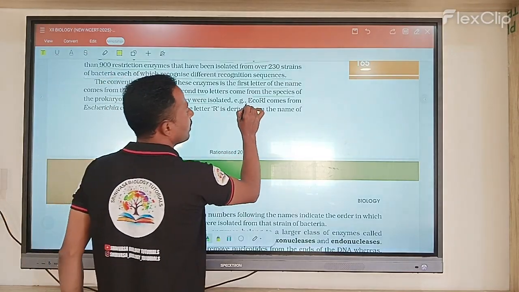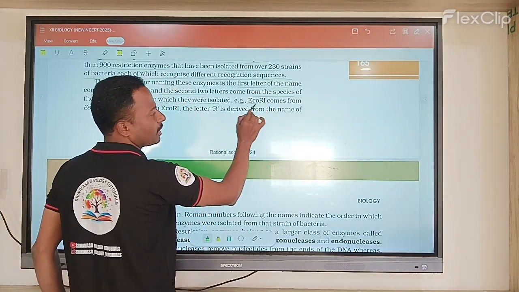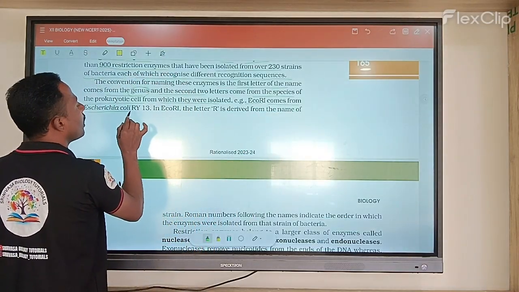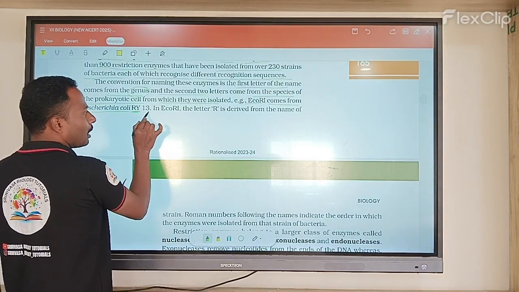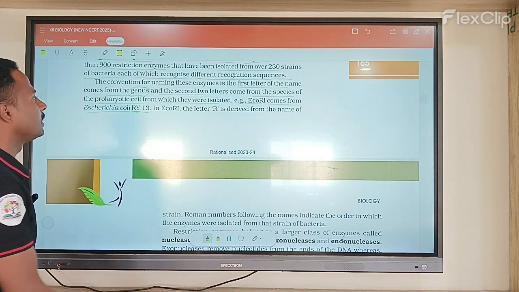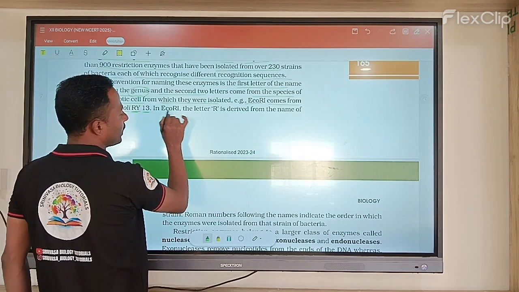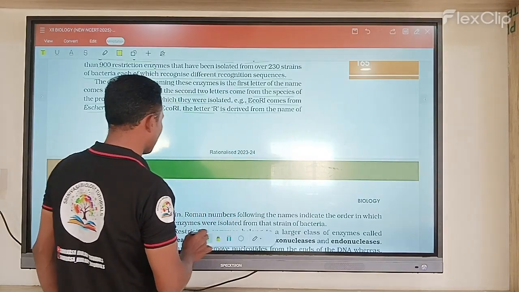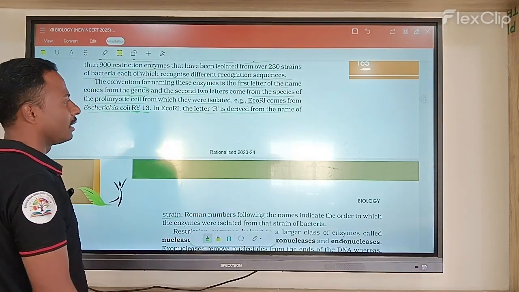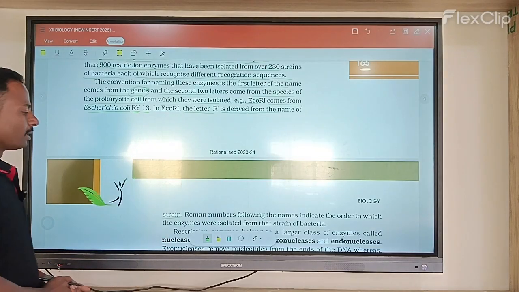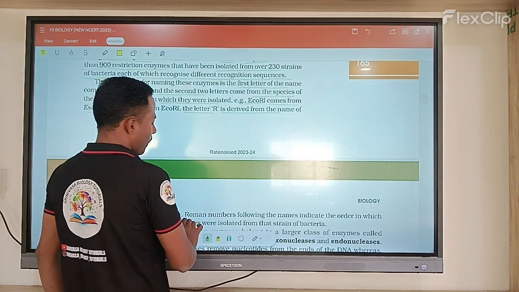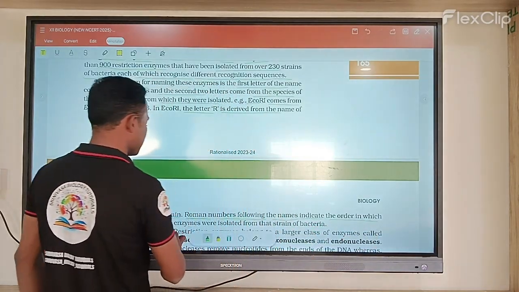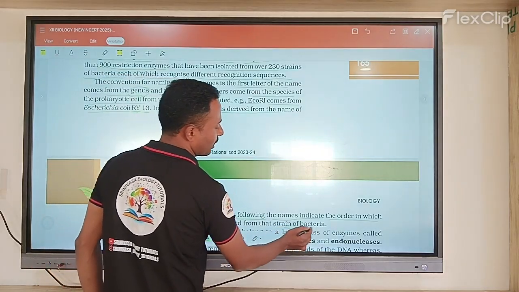For example, EcoRI comes from Escherichia coli RY13. Here R is derived from the name of the strain. The Roman number following the names indicates the order in which the enzyme was isolated from that strain of bacteria.